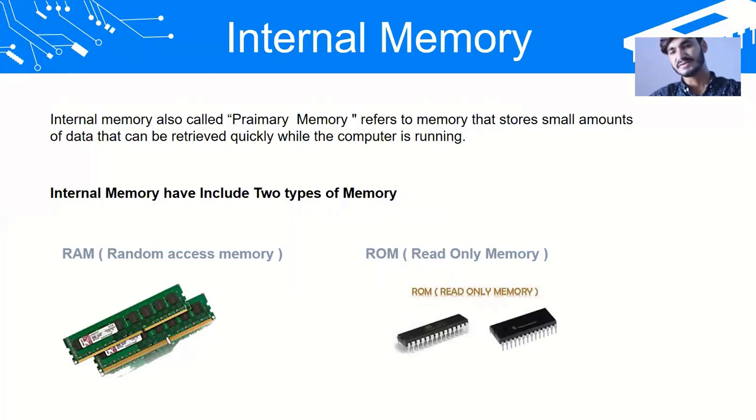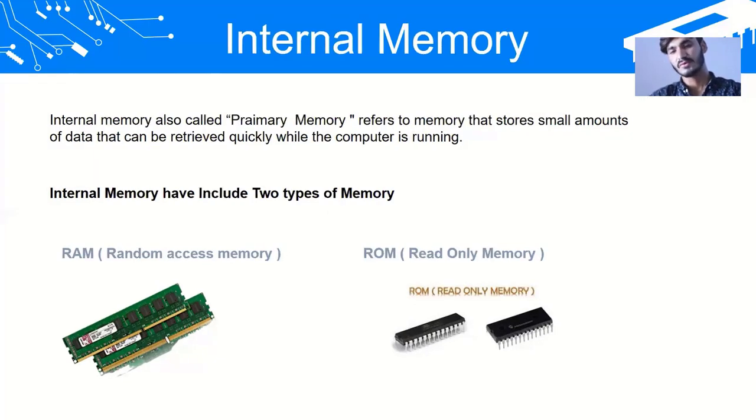Internal memory is also called primary memory, which refers to memory that stores small amounts of data that can be retrieved quickly while the computer is running. Internal memory includes two types of memory: RAM and ROM, random access memory and read-only memory.